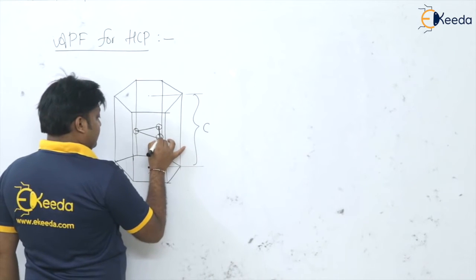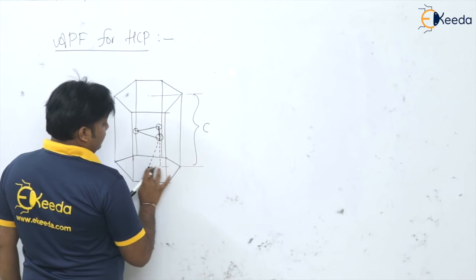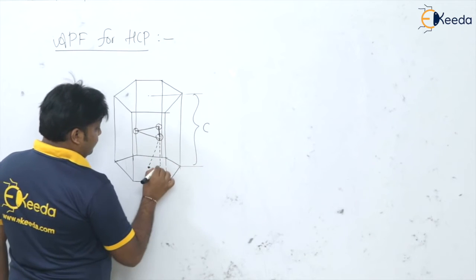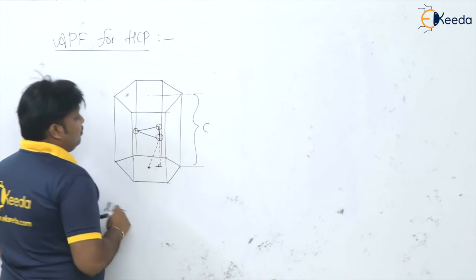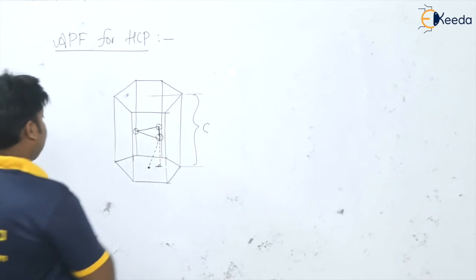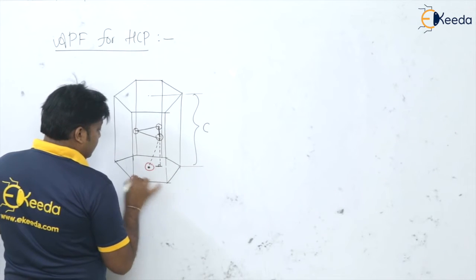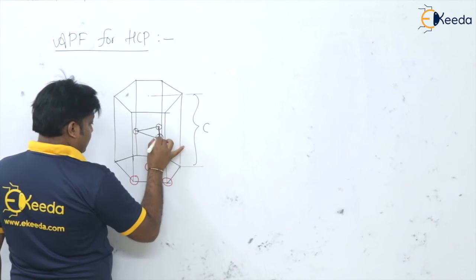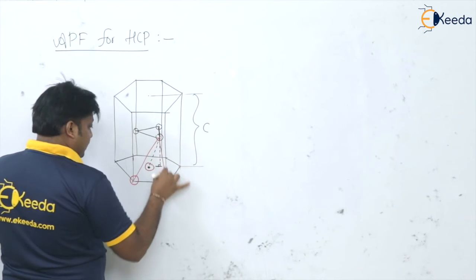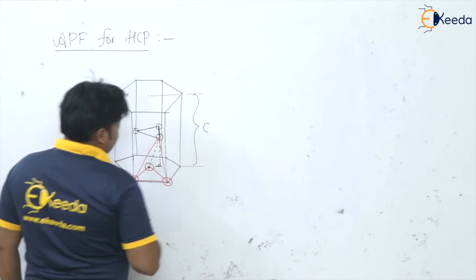See, it is like this, right? So this is the basal plane, so here I am drawing the perpendicular. And if I join this atom, this atom, this atom, this atom, and this, so I am getting this tetrahedral structure, isn't it?